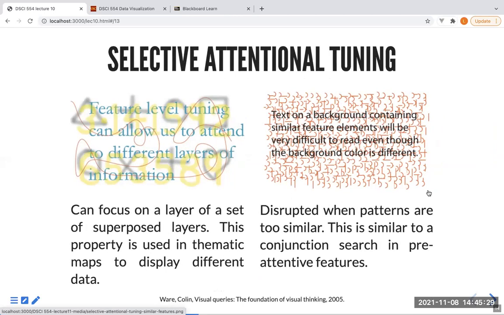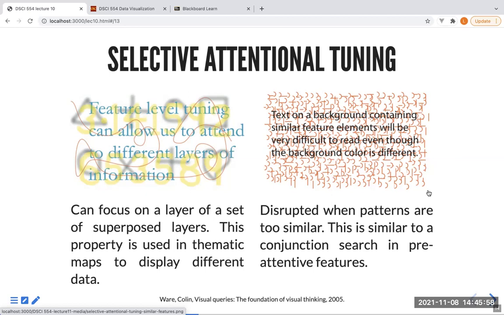A similar mechanism that requires attention, because here we're talking about complex patterns. So again, we're looking at things that are happening in the higher visual cortex, where you have time to process the information. So you're consciously learning the information.